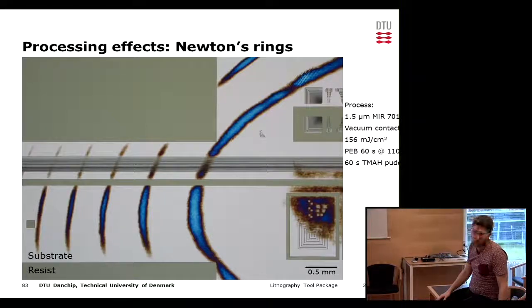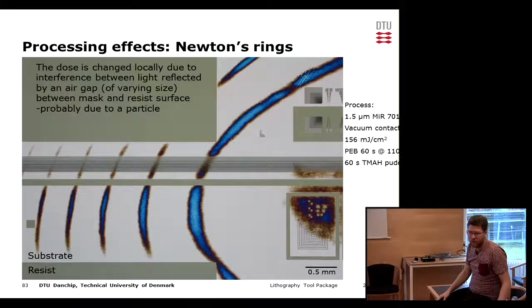We call it Newton's rings, and I don't know if you know about that experiment. It's a little bit the same as what you can sometimes see in a puddle of rain that has a little bit of petrol or oil on it. You see these changing colors. And that is because it's a very thin layer, but the thickness varies across the puddle of water.